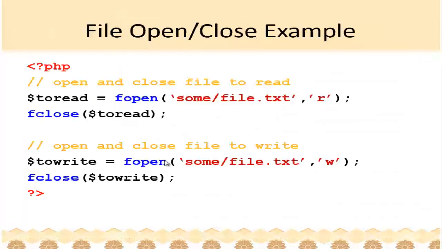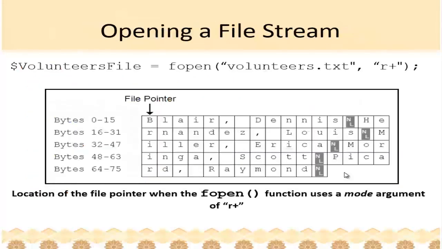Fine. So here is one example wherein I try to open a file, one in the read mode, the other in the write mode. Be careful with the write mode. Whenever you open it in the write mode, existing contents are lost, and you will end up in trouble. If you are opening it in the read mode, the file pointer is here, and it's going to start from here. Write mode also starts from here.